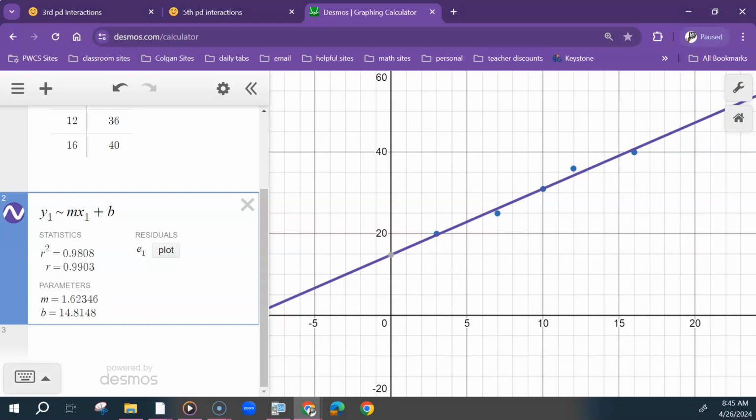And let's round to 3 decimal places. So y equals 1.623x plus 14.815.